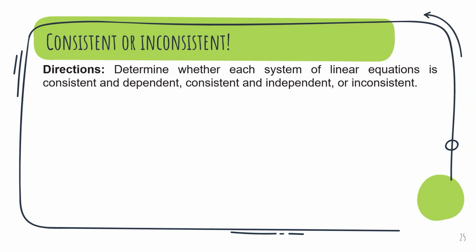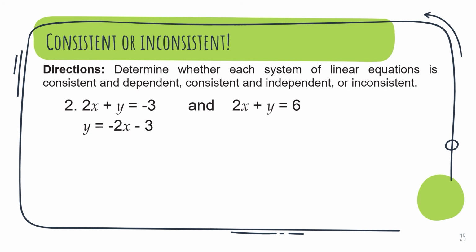Let us now proceed to item number 2. 2x plus y is equal to negative 3 and 2x plus y is equal to 6. Rewriting it into slope-intercept form, for 2x plus y is equal to negative 3, we have y is equal to negative 2x minus 3. Slope is negative 2 and y-intercept is negative 3.